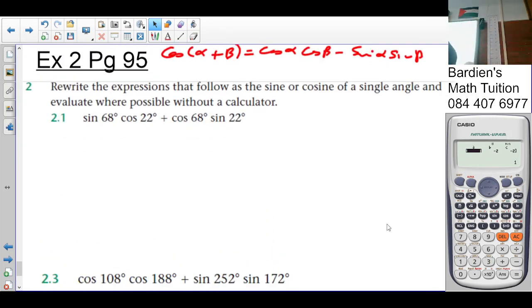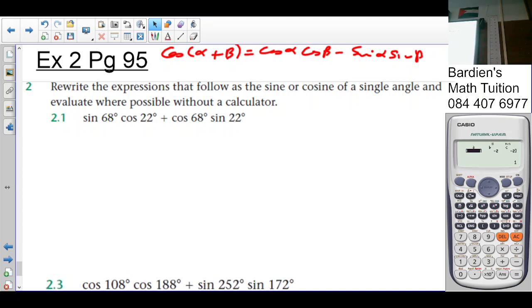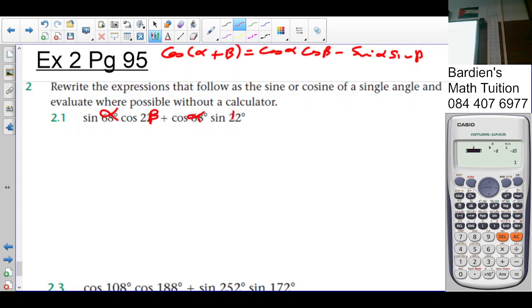Okay, so they ask to write the expression that follows as the sine or cosine of a single angle and evaluate where possible without using a calculator. So you see, firstly we check if it's all acute angles. Yes. So if that's your alpha, alpha, beta, beta, you should be seeing sine alpha cos beta plus sine beta cos alpha.